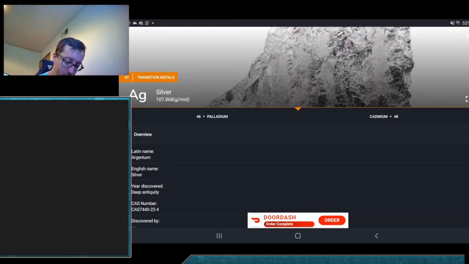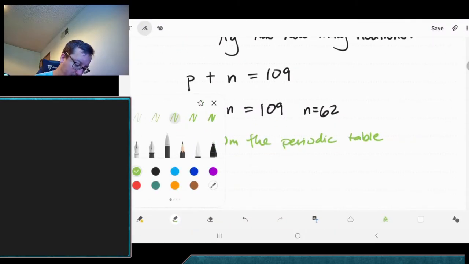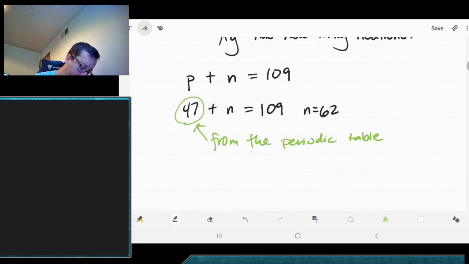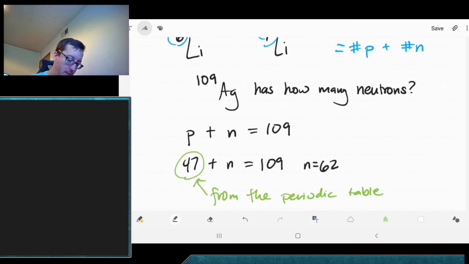So, where did that 107.8 come from? Why is that number on the periodic table, but not the 107 or 109? Well, I'll tell you.